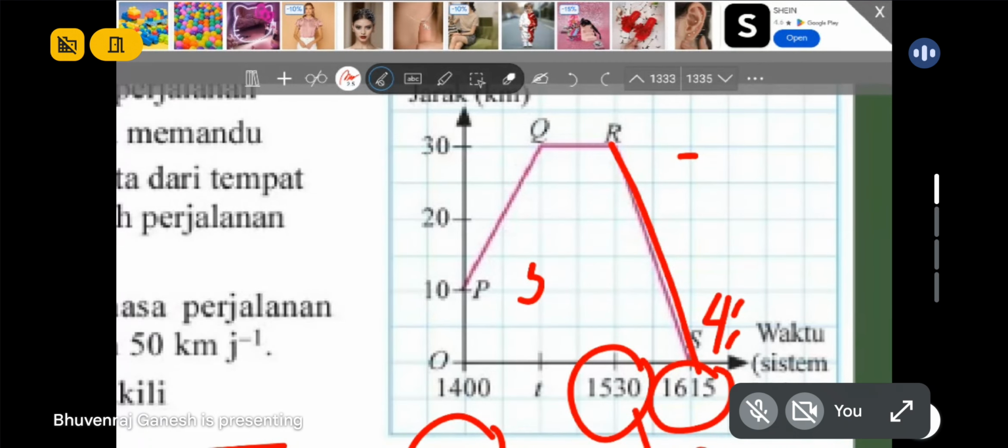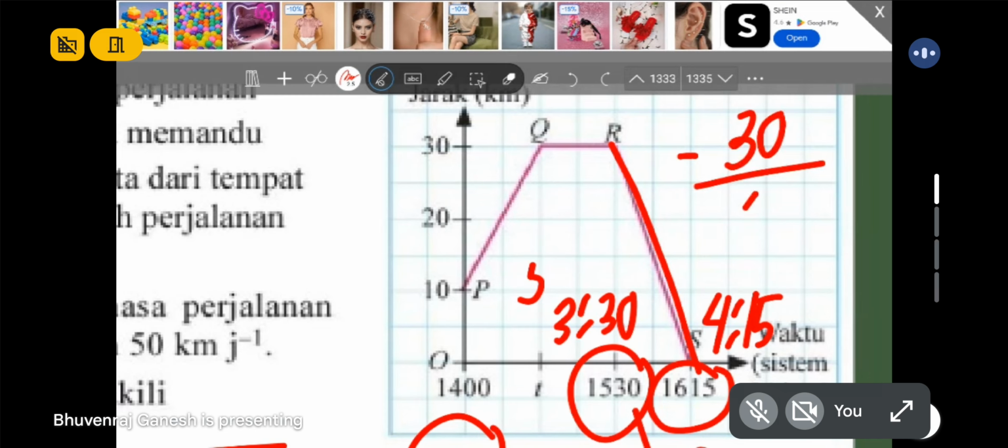This one 4:15, this one 3:30. So it's 45 minutes. And then the speed. Kamu kena kira laju. For me, I will give my answer in terms of kilometer per minute. So 30 over 45, 0.67 kilometers per minute. So ini cara dia.